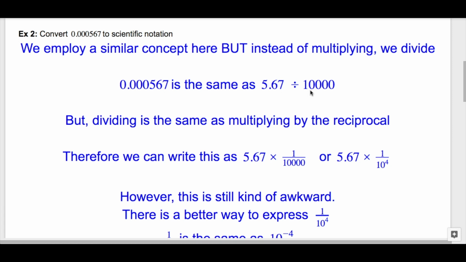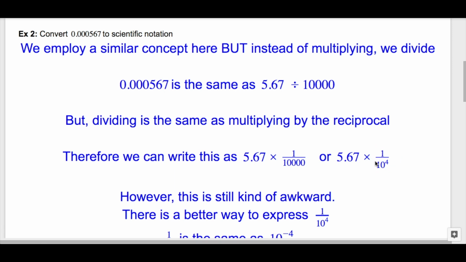Now, again, we can clean this up. Instead of writing it as divide by 10,000, we can write it as multiply by the reciprocal of 10,000. However, that can also be simplified to multiplying by 1 over 10 to the 4.